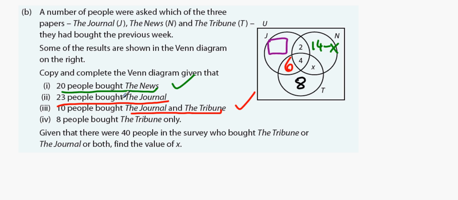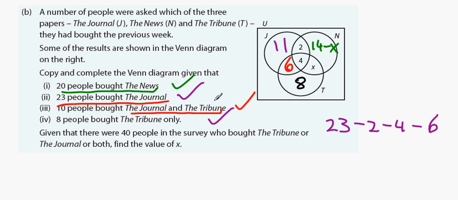We know that 23 people bought the Journal, so it's going to be 23 minus 2 minus 4 minus 6. And that's going to be 11 people. Okay, so there's 11 people here. Next part. And now we've used up the last piece of information, the 23 people who bought the Journal. So all pieces of information are now used.